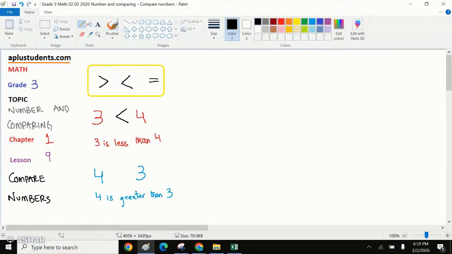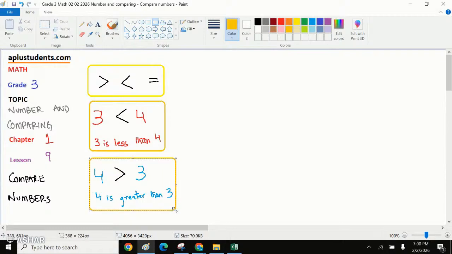In this case, the open end would be used in this way because 4 is greater than 3 and 3 is less than 4. These are the 2 different ways we can read the inequality. This is known as inequality, that is, not equal.